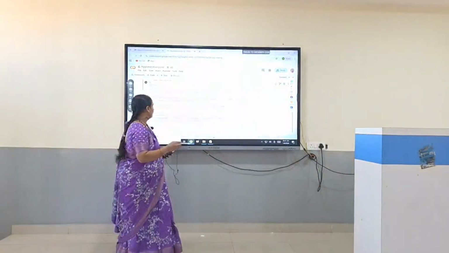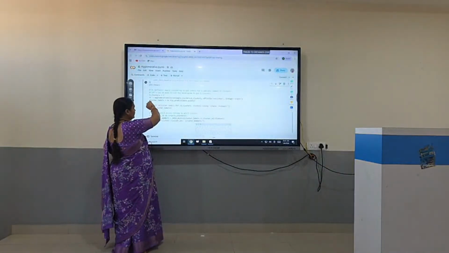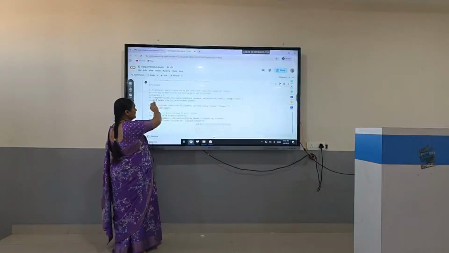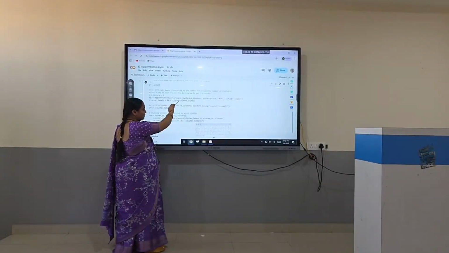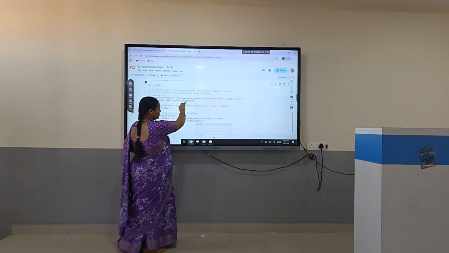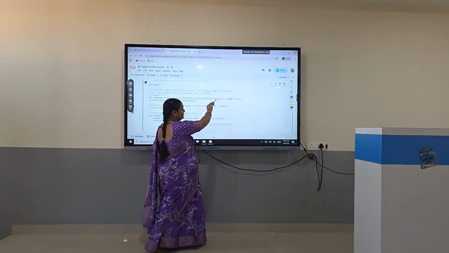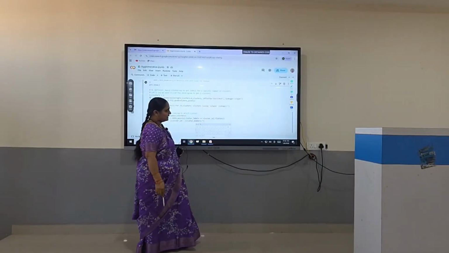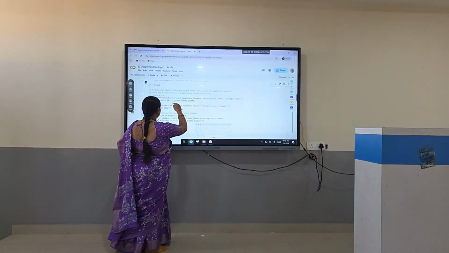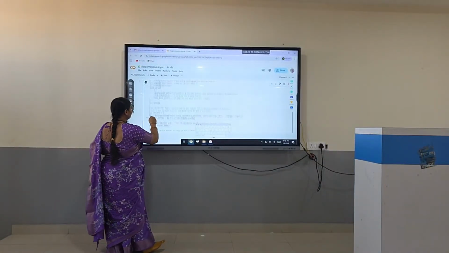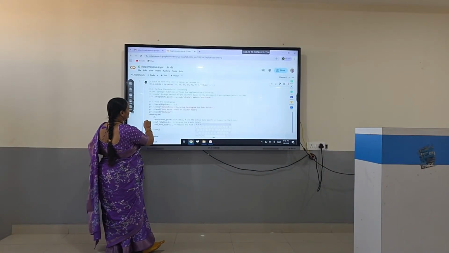Agglomerative clustering. So whenever I call the hierarchical clustering method, HC is simply agglomerative clustering with n underscore clusters, if we are using Euclidean as well as single linkage.